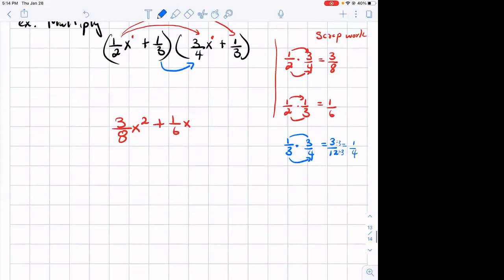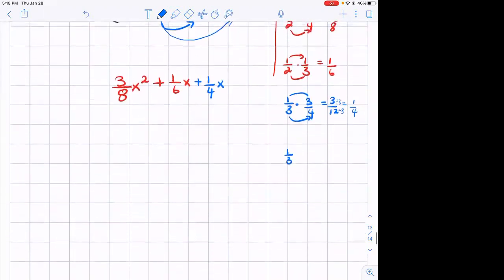So here we have plus 1/4 x. And then if we multiply again, 1/3 times 1/3, well, 1 times 1 is 1, 3 times 3 is 9. So this becomes plus 1/9.